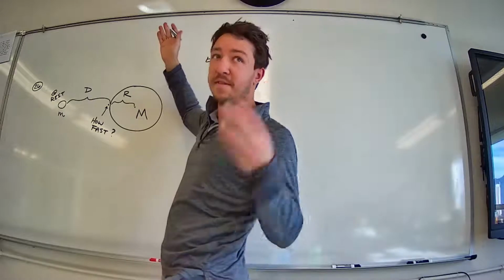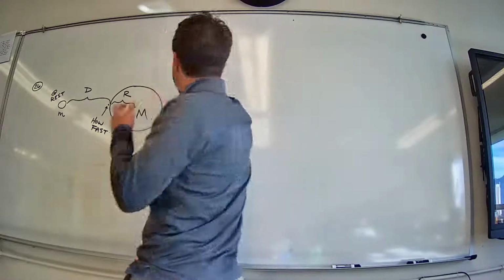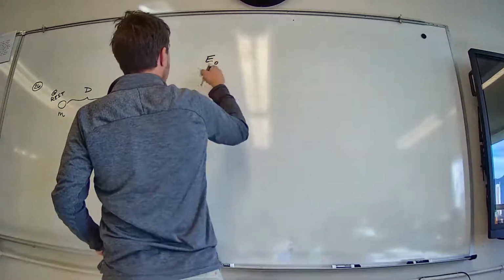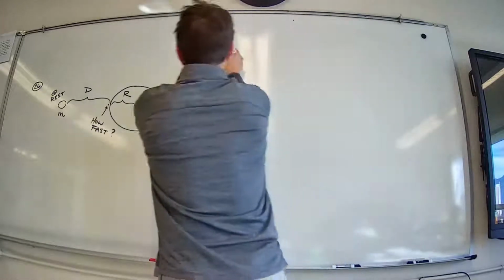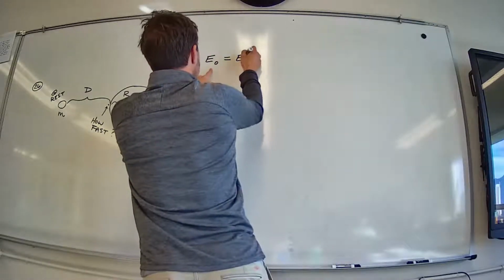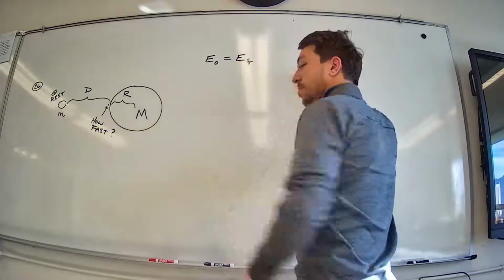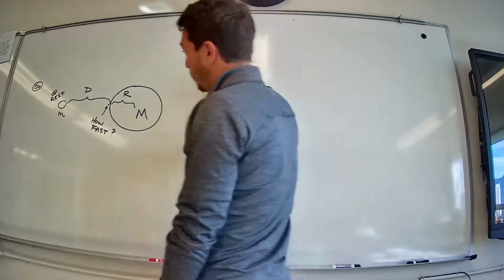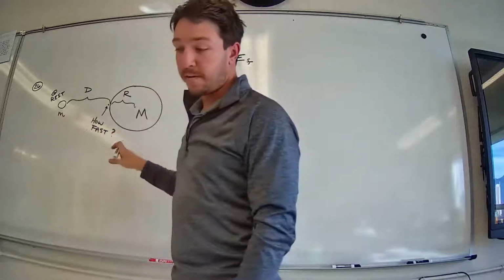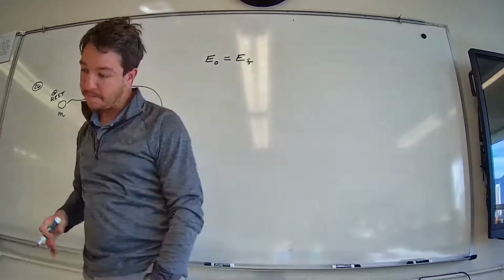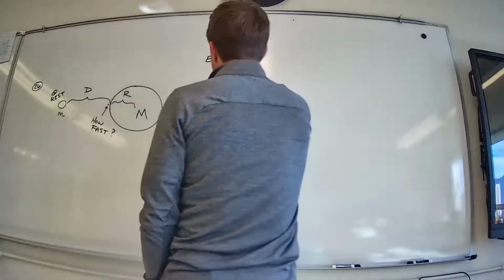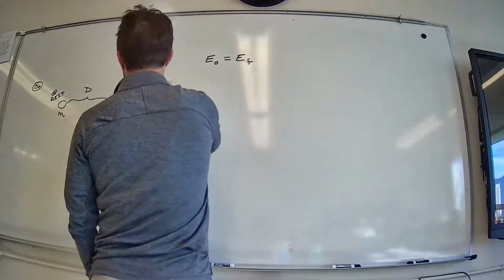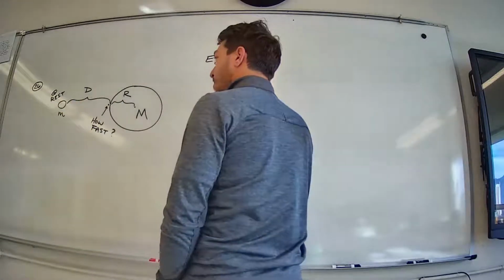Conservation of energy, which yes involves gravitational potential. So you're going to say the total energy, the initial energy is equal to the final energy. Okay? So the initial energy would just be, well, no one's moving originally. The system's at rest. And so the initial energy would just be the gravitational potential energy.